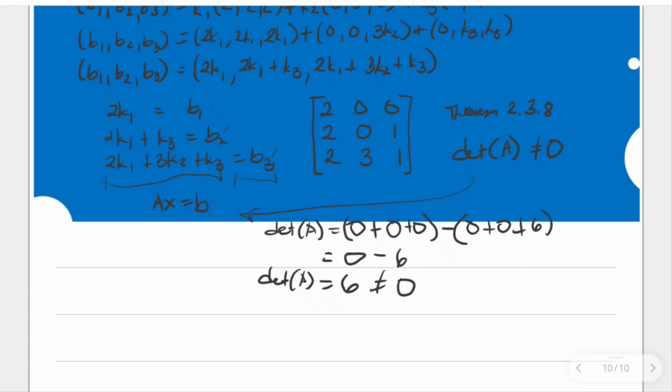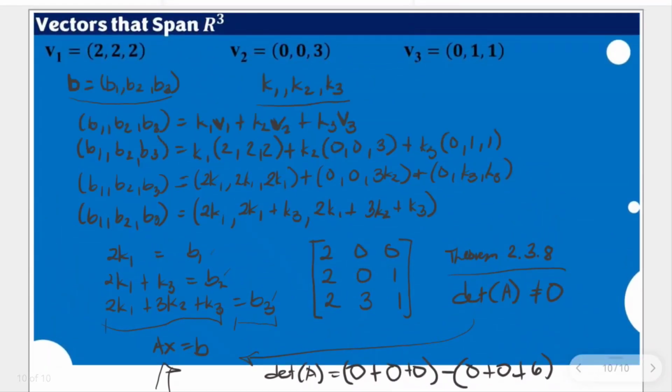Then, according to theorem 2.3.8, this system AX equals b is consistent and has exactly one solution. With that, there are certain values for k sub 1, k sub 2, and k sub 3 that exist, which tells us that vector b is a linear combination of v sub 1, v sub 2, and v sub 3.